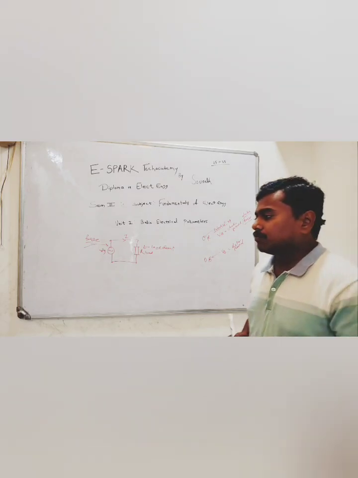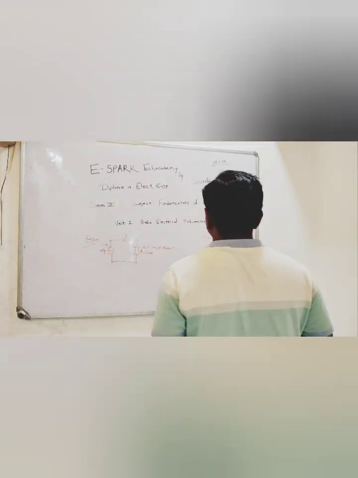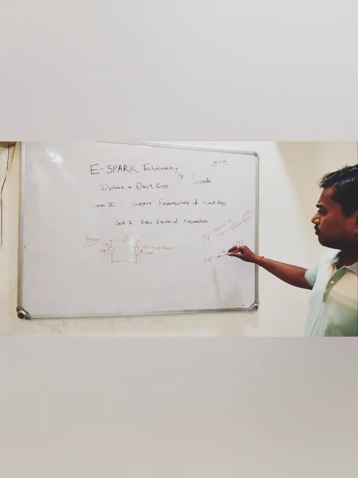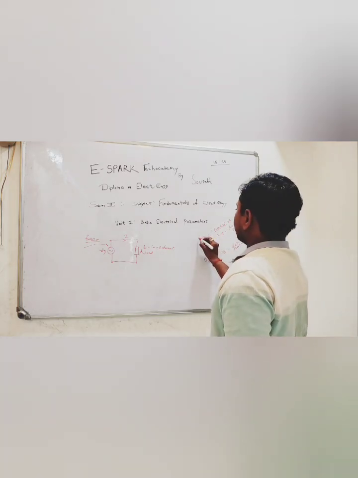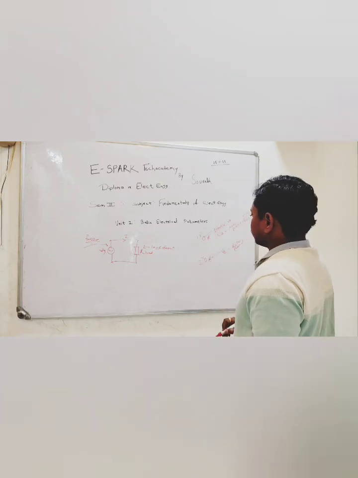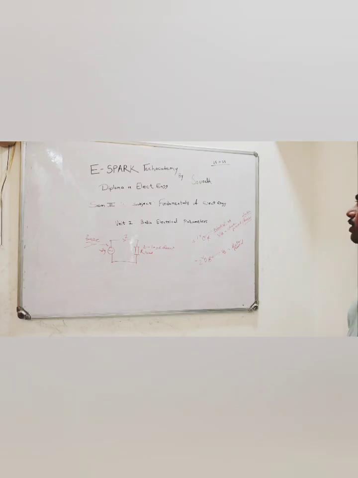Now further we will go through potential difference. The potential difference is nothing but the difference of electric potential between 2 points. Here, say this is 1 volt and this is 2 volt, and this may be positive and this may be negative.